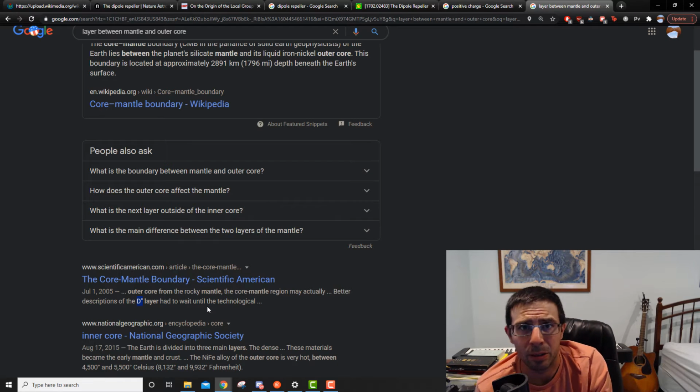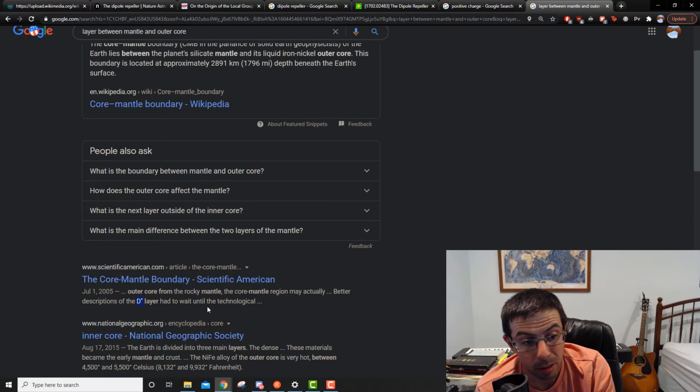But other layers aren't like that. It's not like everywhere is equally crazy. Between the D double prime and the outer crust, it's just mantle. Just mantle. I mean, there are plumes and these hot spots, as we interpret them at least. We don't quite understand what they are.